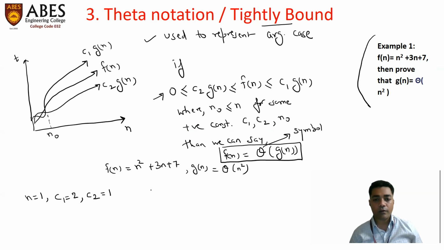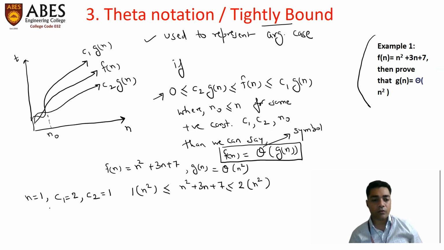So what it is saying: c2·g(n), which is 1 into n square, is less than or equal to f(n), which is n square plus 3n plus 7, which is less than or equal to c1·g(n), where c1 is 2 into n square.